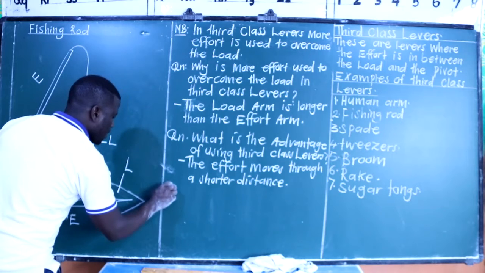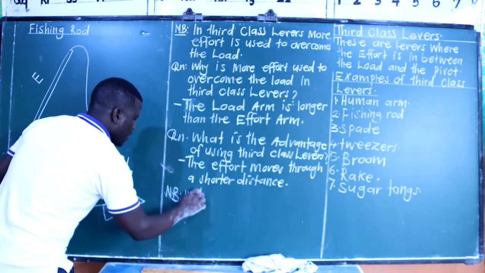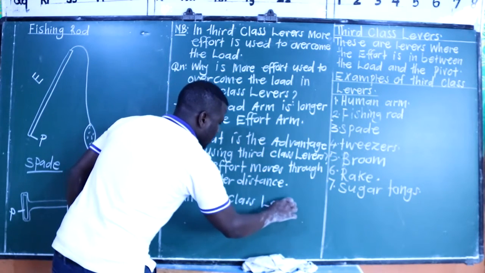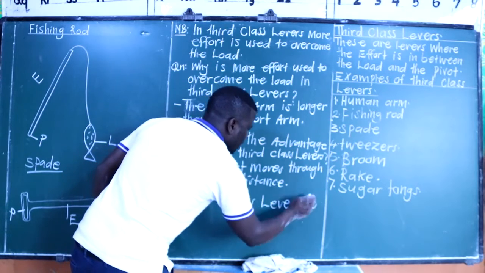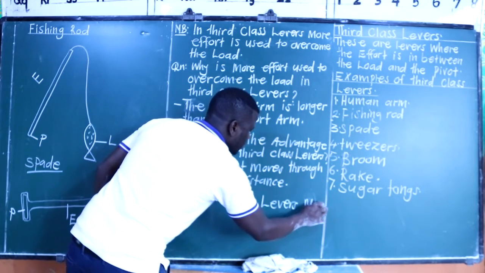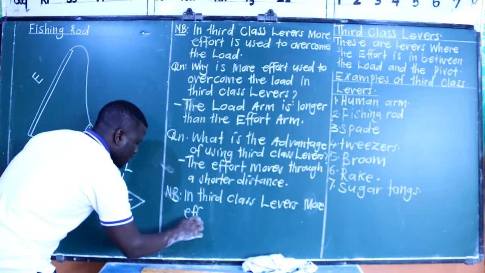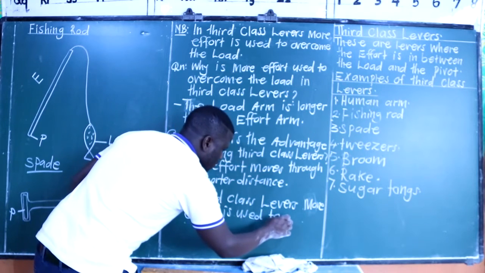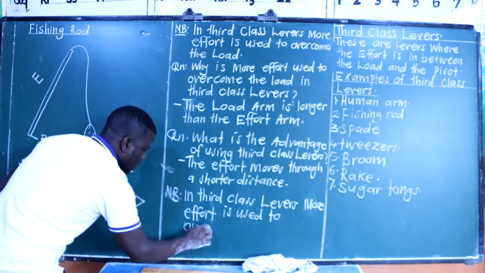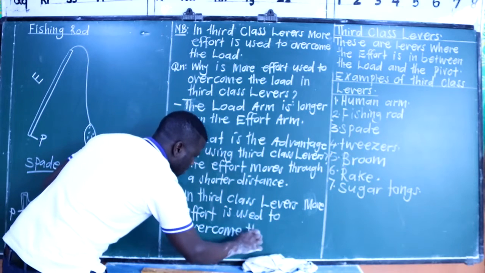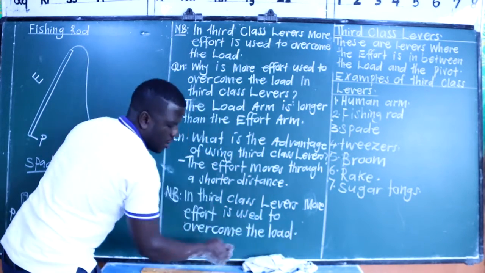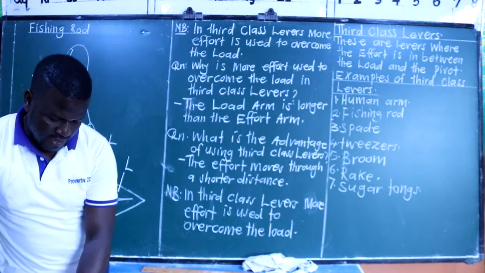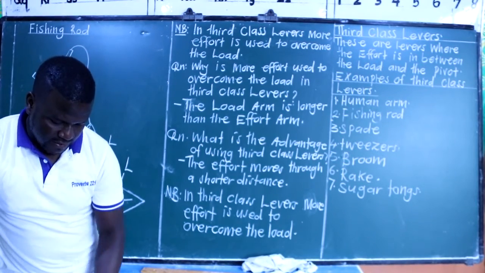NB: in third class levers, more effort is used to overcome the load. That is a disadvantage actually.